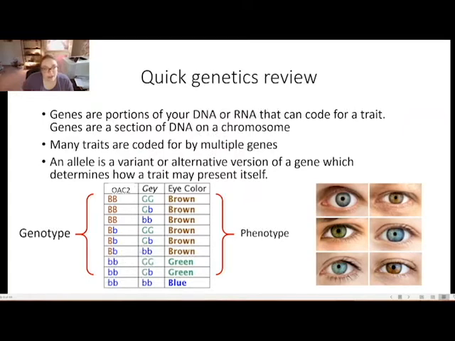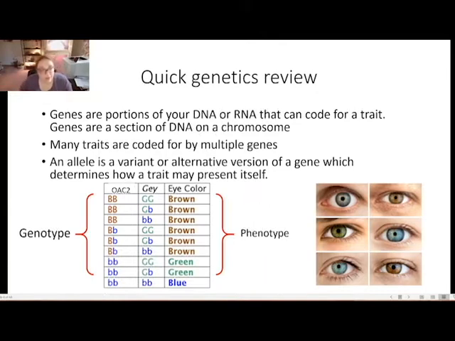So there's 9 possible combinations here. The phenotype is referring to the physical output that the genotype has. So even though brown has 6 different combinations, that's one phenotype. That's one physical property that comes out of the 6 different genotypes. So there are only 3 phenotypes, but there's 9 genotypes here.